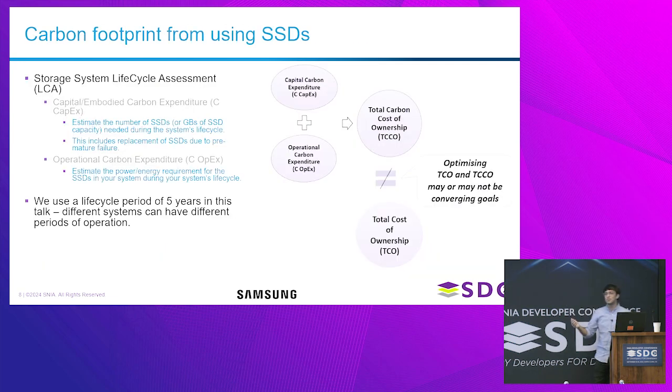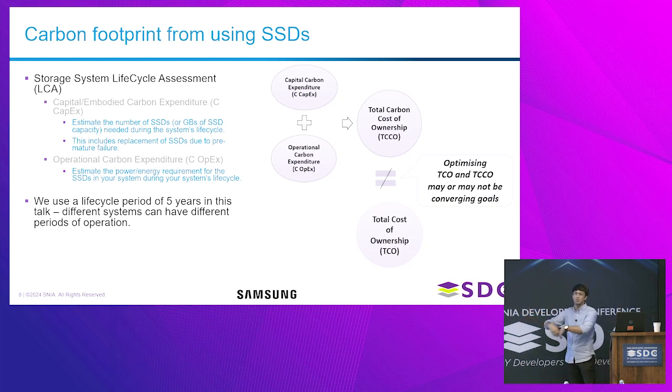So what does that mean to us if you're building a system? So let's say you're building a system. The first thing you try to do from the storage perspective is you try to forecast how much GB of SSD capacity you'd need for your system. You'd also try to account for premature SSD failure for whatever reason. And then you'd figure out over your system's life cycle, how many SSDs will you purchase, right? So throughout the talk, we assume the system life cycle period is 5 years.